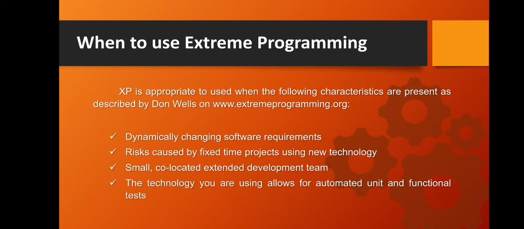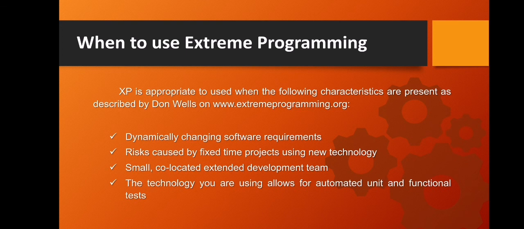Okay, so here are the characteristics that should be present in order to know that XP is the model that we should use. Okay, so first, dynamically changing software requirements. Number two, risk caused by fixed time projects using new technology.